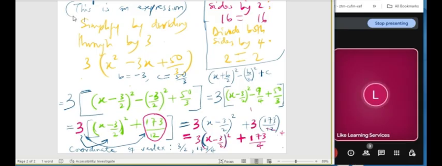So each of those things multiply by 3, multiply by 3. Because if you didn't do that, you wouldn't know which is which. So the y coordinate of the vertex is 173 over 4. The x coordinate is 3 over 2.